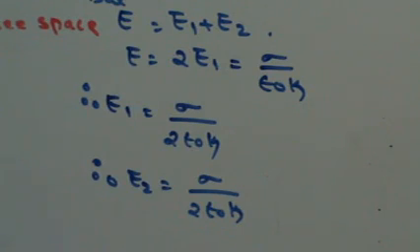Now outside the conductor, both are in the same direction. At any point A, E1 and E2 act in the same direction, right? Now let us assume that F is the force that acts on area ds.